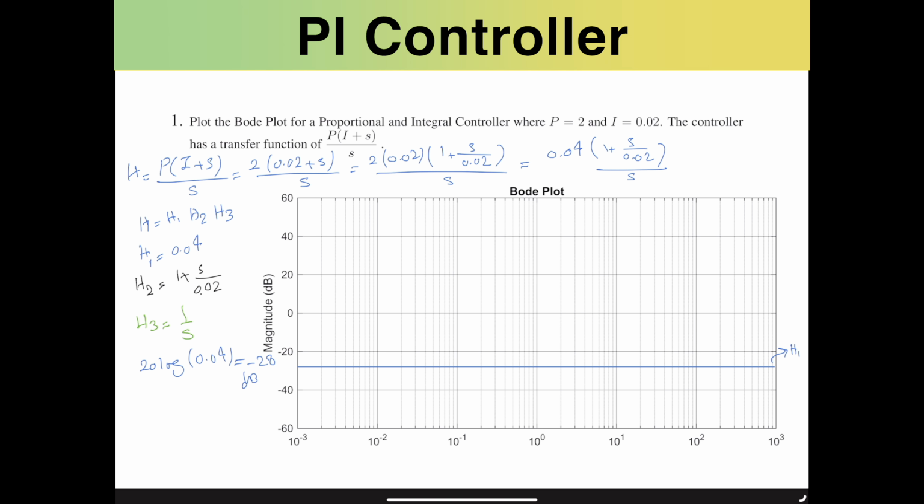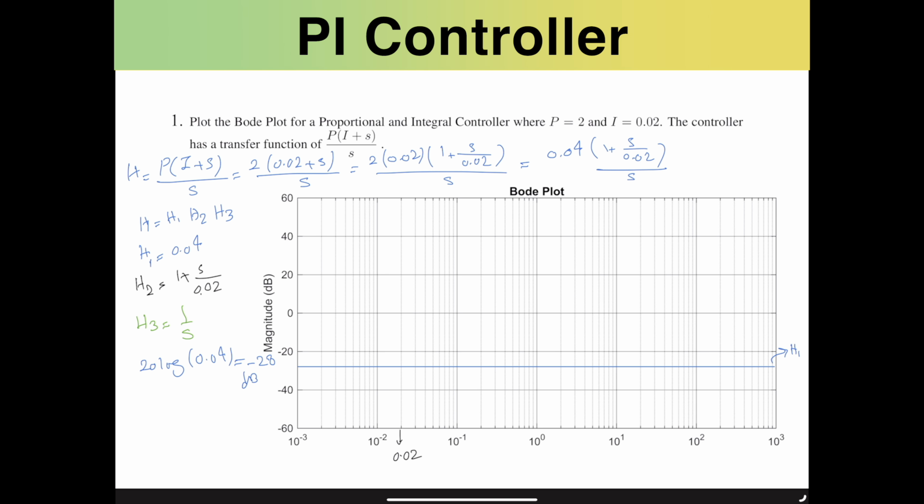Now, moving forward, we can think about H2, which is essentially a zero, but that's happening at frequency of 0.02. So if you want to find out what is frequency of 0.02, this is 0.01, and here is 0.02. So let's label that 0.02. This is the frequency of interest.